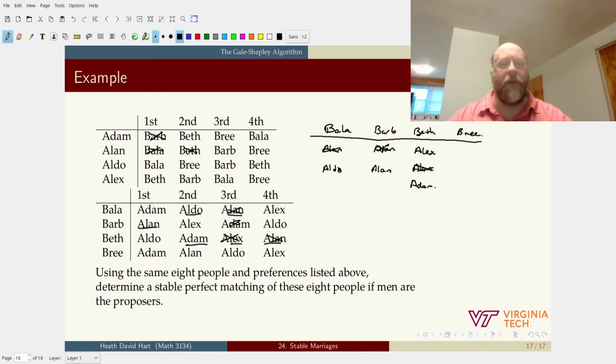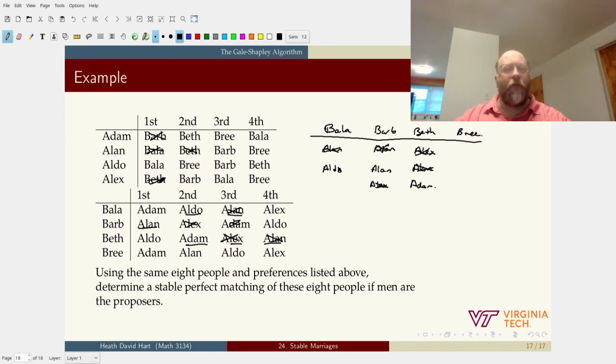And so Alex gets rejected by his first choice. And so Alex has to approach his next choice, who is Barb. And now Barb has to choose between Alan and Alex, but Barb is already with her first choice. And so she's going to reject Alex.